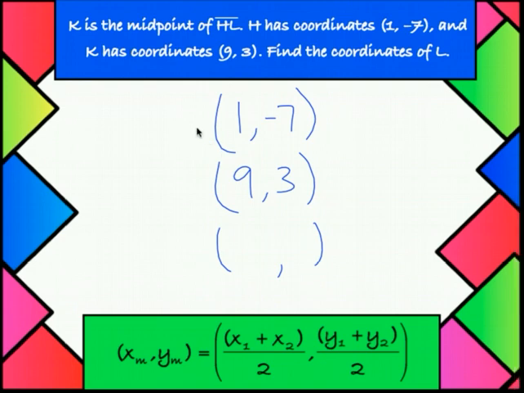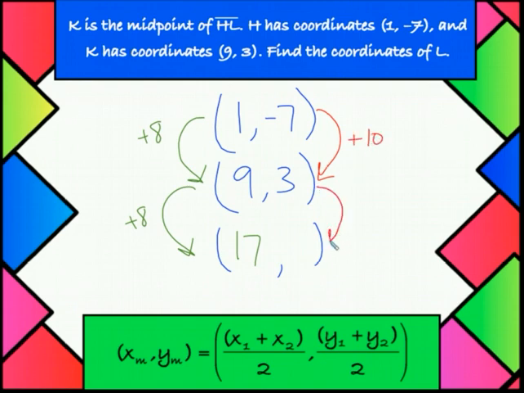Okay, so from 1 to 9, I add 8. So from 9 to here, I'm going to add 8, and 8 plus 9 is 17. Then from -7 to +3, I've added 10. So from 3 to here, I would add another 10, and I would get 13.